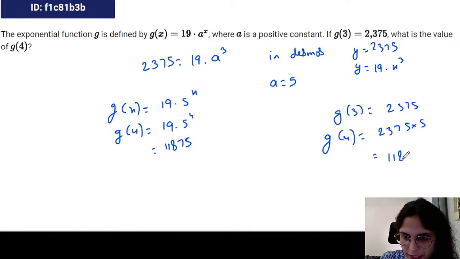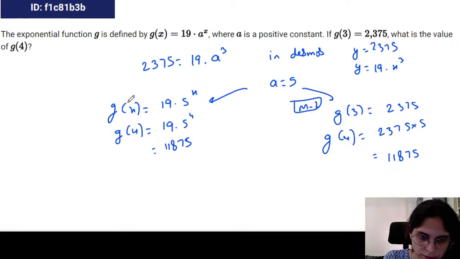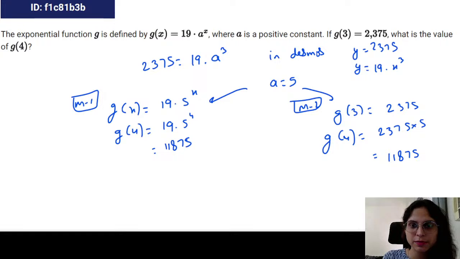And you will get 11875. Because a to the power x means that if you are increasing x by 1, you keep multiplying with 5.